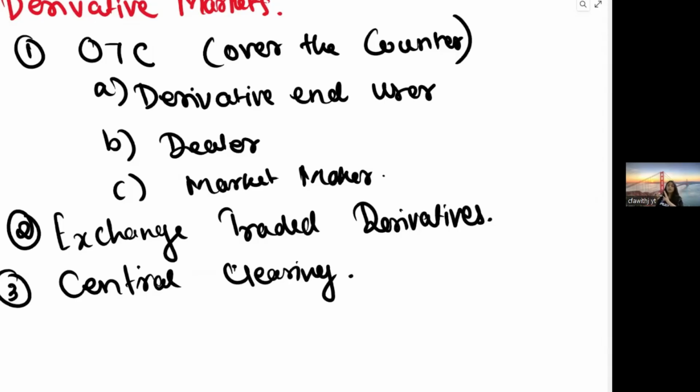And then there is also a variation margin that is being maintained throughout the contract's life. In central clearing, there is also daily settlement that is being maintained. It is called mark to market.